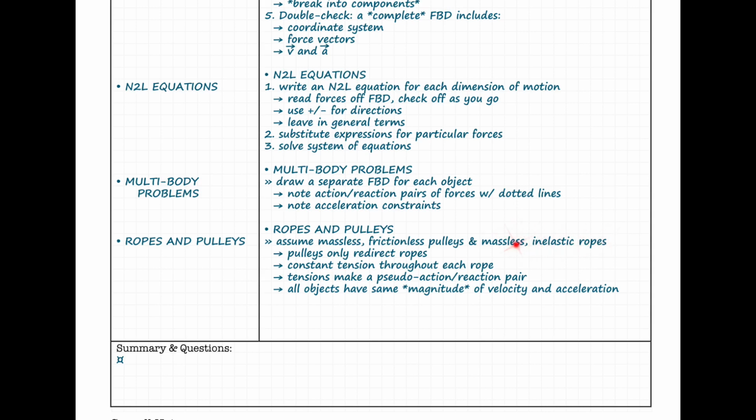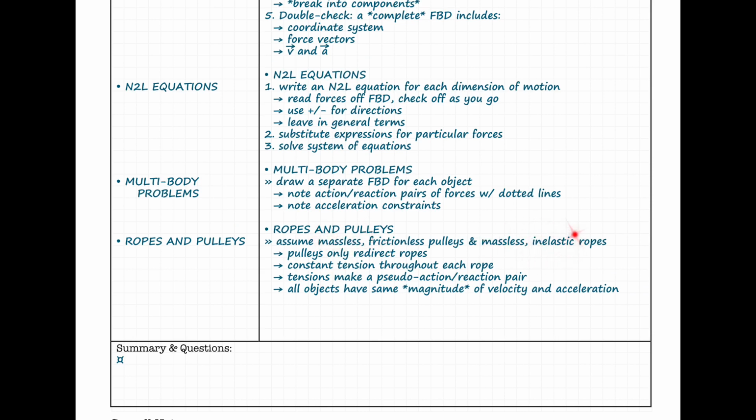For a massless, inelastic rope, a massless rope also requires no effort to move, and so it won't affect the system. It won't change the tension. And basically that allows us to treat the tensions at either end of the rope as a pseudo action-reaction pair of forces. The two tensions have equal magnitudes because the rope is massless, the pulley is massless.